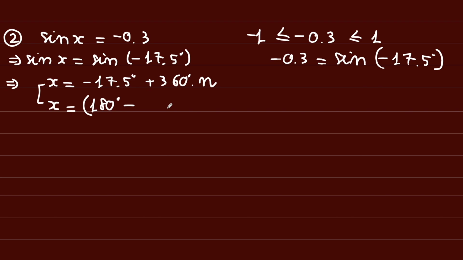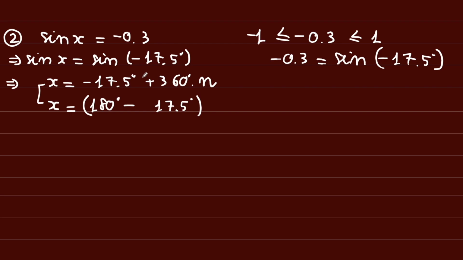A lot of my students make a mistake about this step. You can see that the original angle in this case is minus 17.5. That is not a positive angle anymore. That is a minus. So when you want to apply supplementary, you should not write down 180 minus 17.5 degrees like this one, because 17.5 is not the original angle.